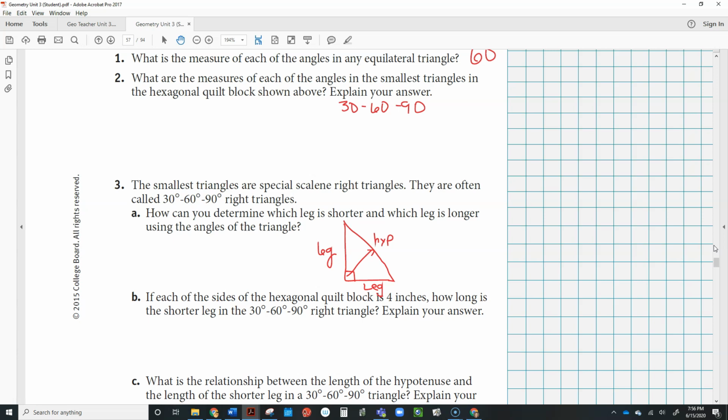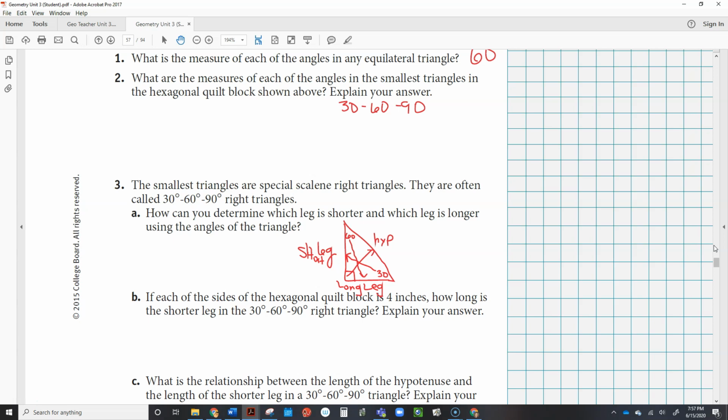Okay, so if this is, let's say, the 60-degree angle, and this is the 30-degree angle, then the leg across from the 30-degree angle will be what we call the short leg, and the one across from the 60-degree angle will be the long leg.